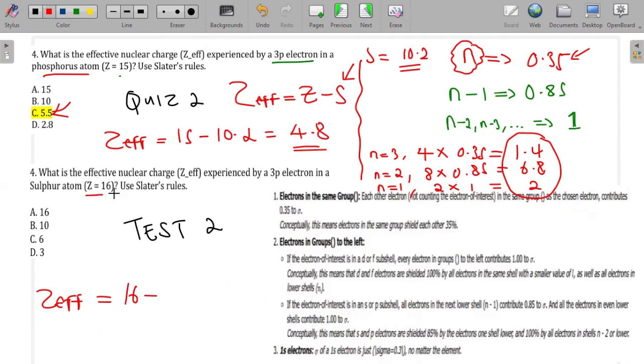So the electronic configuration for this is 1s2, 2s2, 2p6, and then 3s2, and then 3p4. Okay, so the electron of interest is in the 3p. So I avoid counting the electrons in the what? In the n equals 3. I just count these. So this is 10, then minus to give me 6. So I have the answer there, 6.